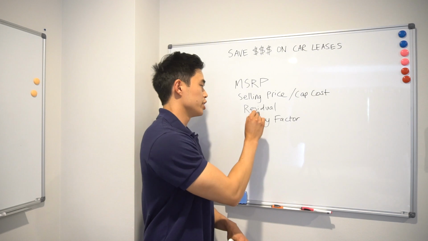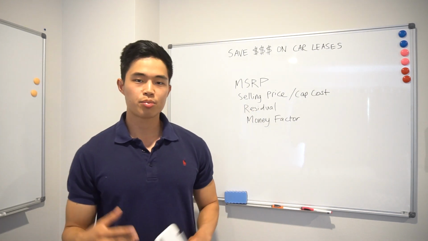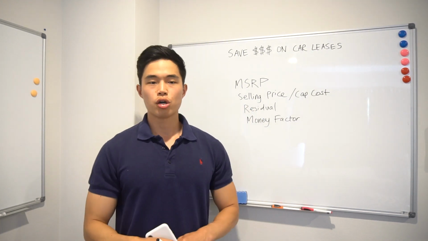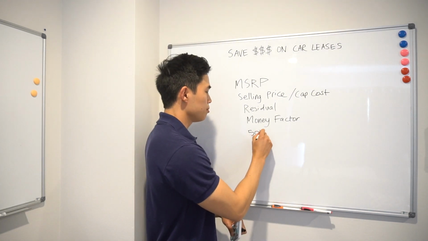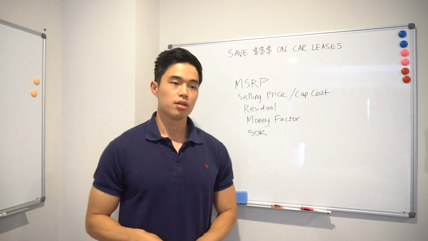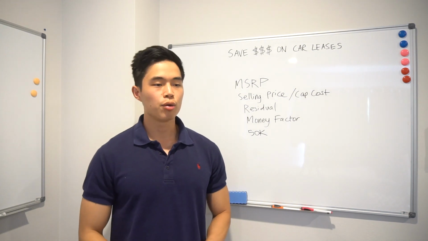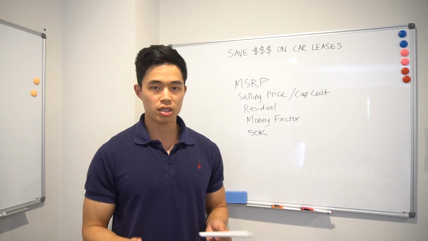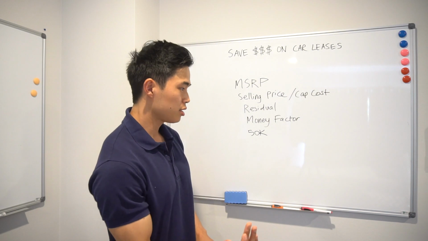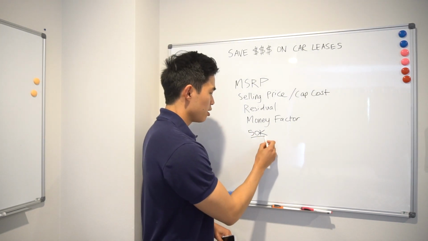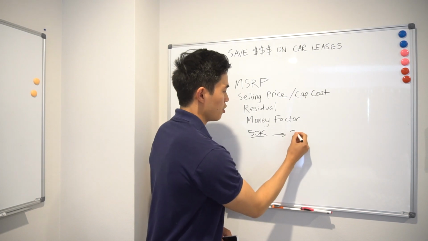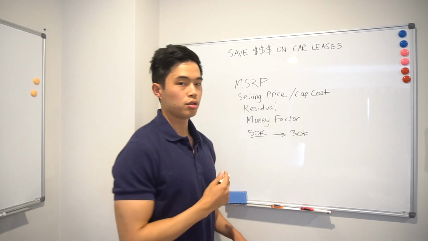Our next term is residual. This is always expressed as a percentage. Let's say you have a $50,000 car. That's the MSRP. Leasing companies will set a residual for a specified amount of time. Let's say this leasing company thinks that this $50,000 car is going to be worth $30,000 in 2 years.